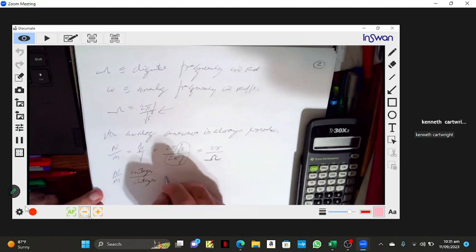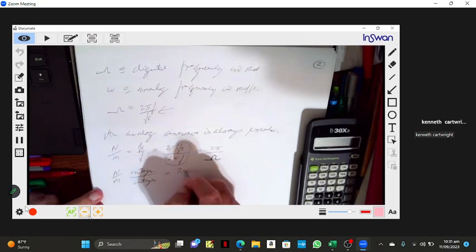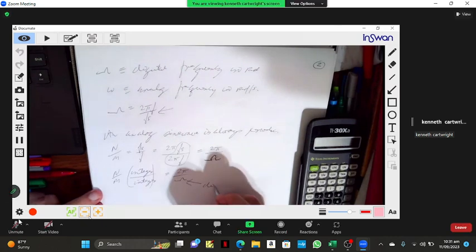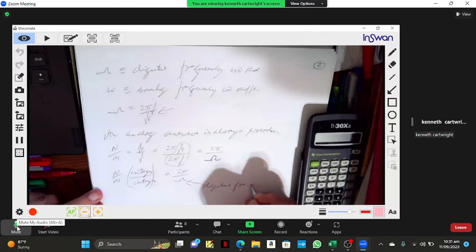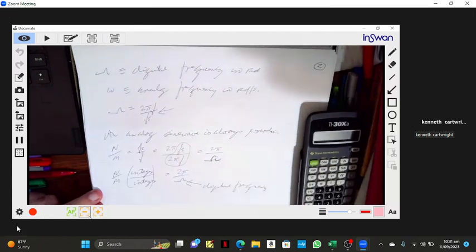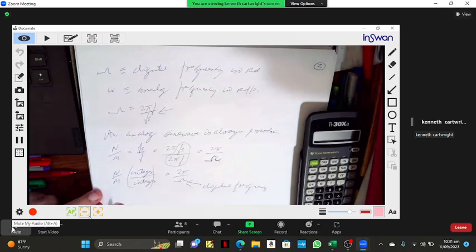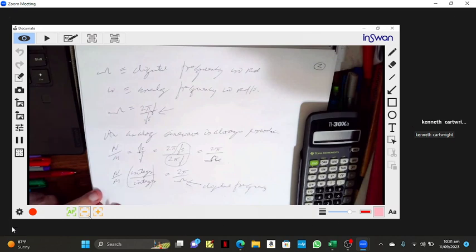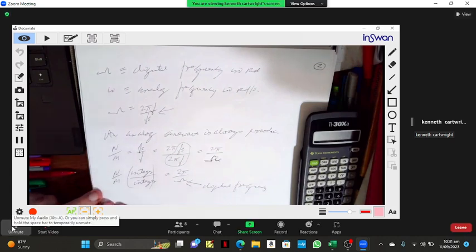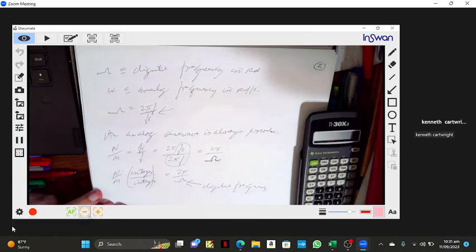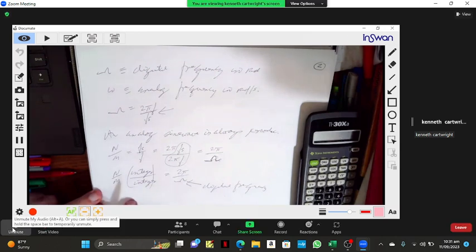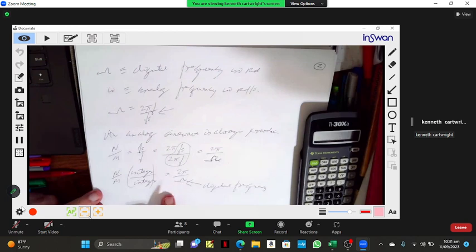If 2 pi over omega, so 2 pi over the digital frequency, is rational. What's supposed to cancel out? It's not supposed to cancel out.